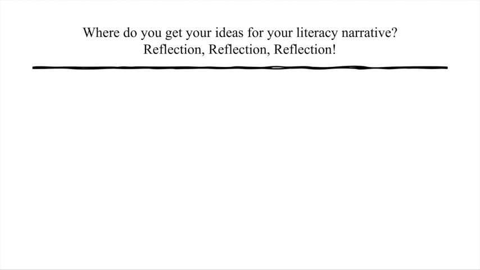This is a very reflective essay, and we need to make sure that we have done that reflective work. Because in many cases, we don't always remember some of the things from maybe early in our childhood that would help us reflect on who we are as readers and writers today.